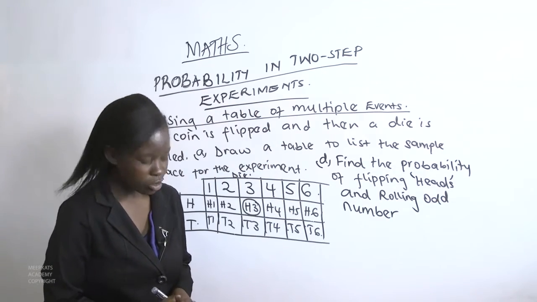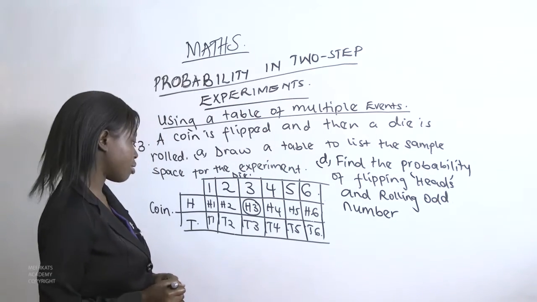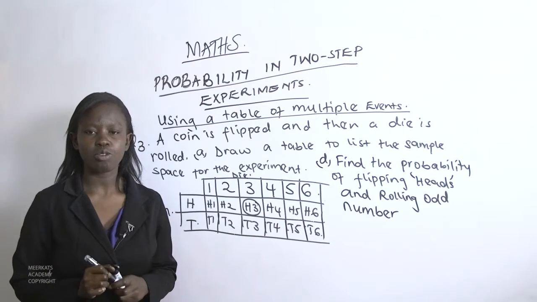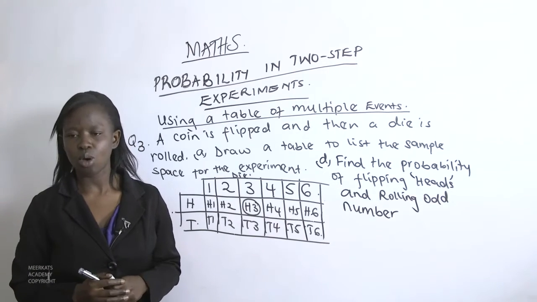So we need to find where we are having heads, then identify out of the heads which ones are our odd numbers.